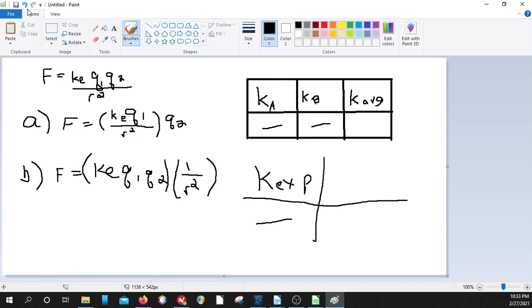So here, this will be K average. And then we have our K theoretical. That's 9 times 10 to the 9th newton meters squared over coulomb squared.